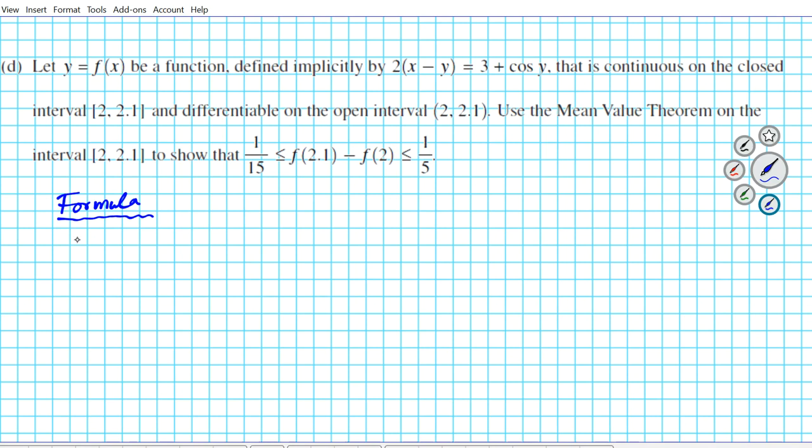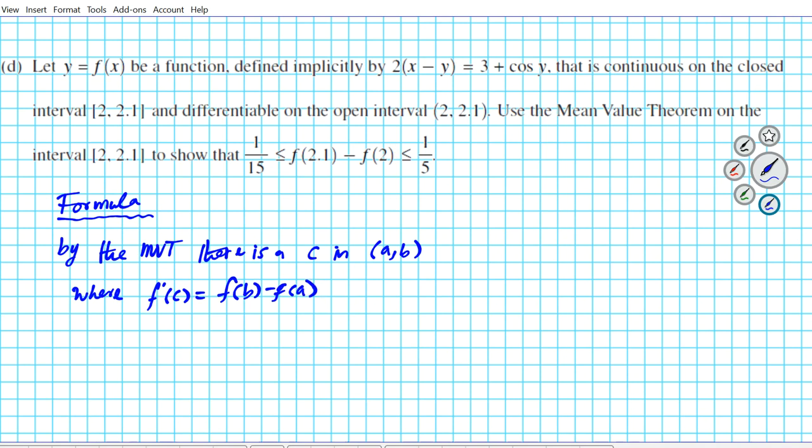There is a c in (a, b) where, since the function is continuous on the closed interval and differentiable on the open, there's a c in (a, b) where the slope of the tangent line, f prime of c, is equal to the average rate of change, f of b minus f of a divided by b minus a, okay?